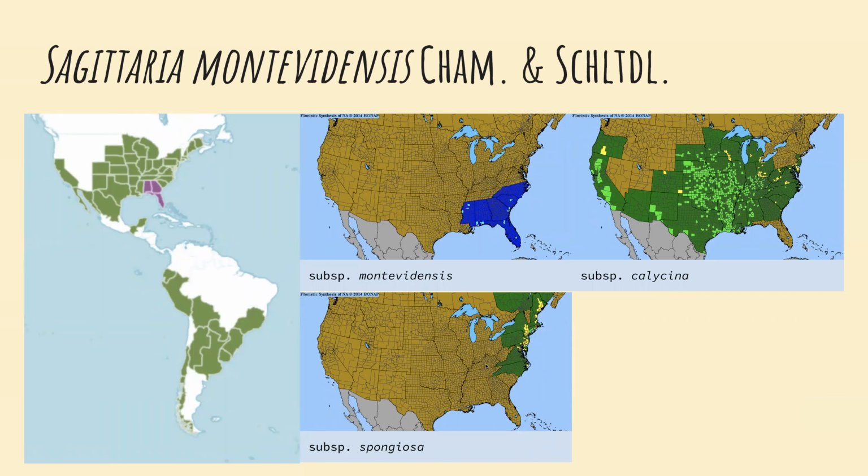Taxonomically, there are some subdivisions within this species, Sagittaria montevidensis: subspecies montevidensis, subspecies spongiosa, not found in Wisconsin, but we do have this one, sometimes treated as its own species but these days treated as a subspecies, subspecies calycina of Sagittaria montevidensis. Again, just a little bit in Wisconsin and kind of an exceptional species to find here along the Mississippi River.